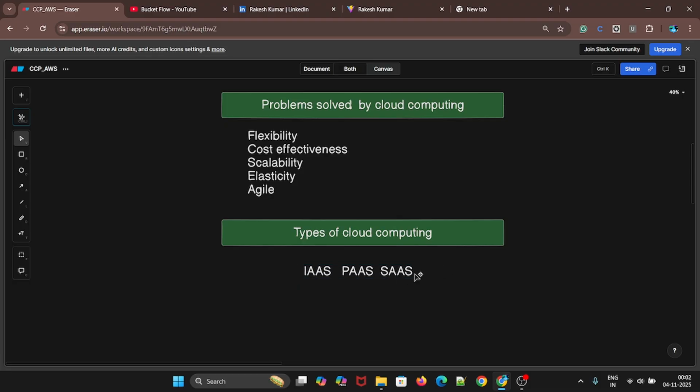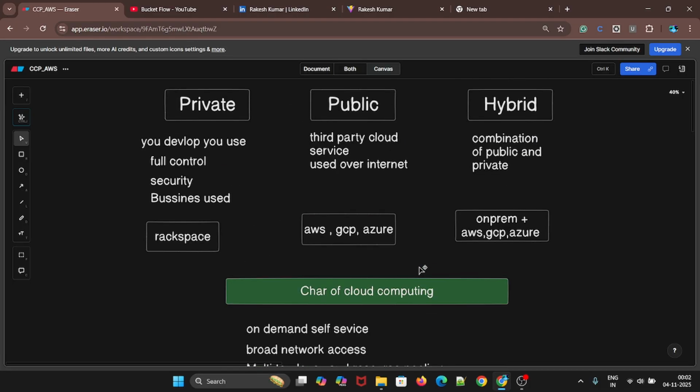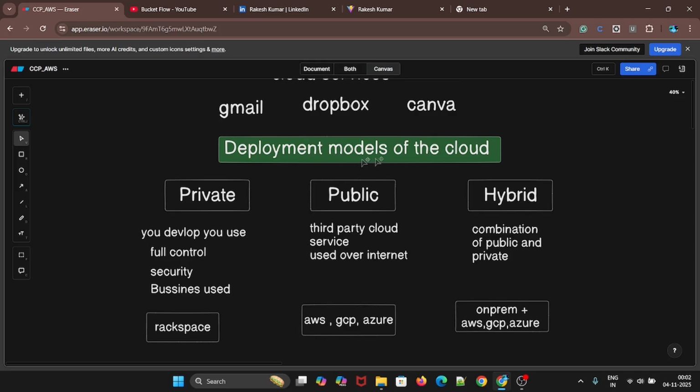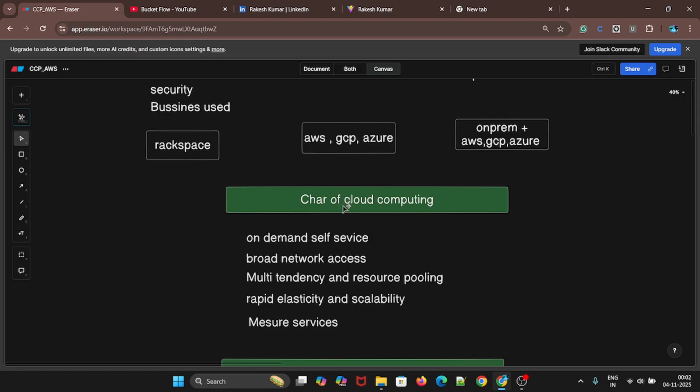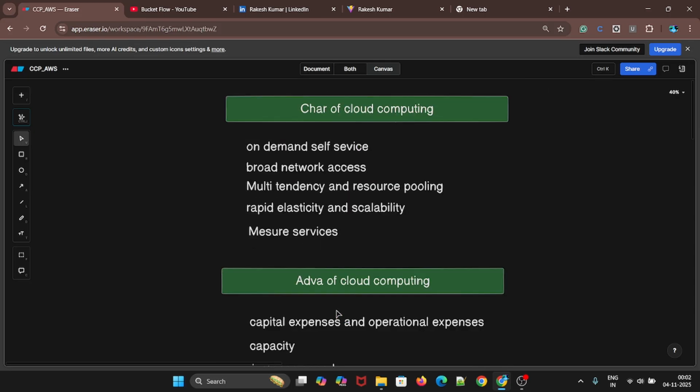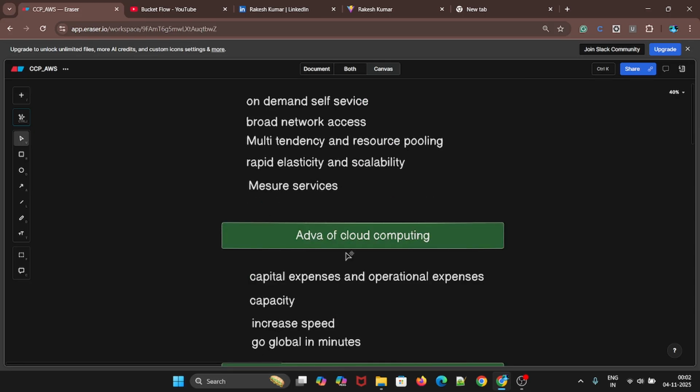So today we saw the deployment models of the cloud, and we'll take a quick revision. We have private, public, and hybrid. Characteristics of cloud computing: on-demand self-service, broad network access, multi-tenancy, rapid elasticity, measured service.